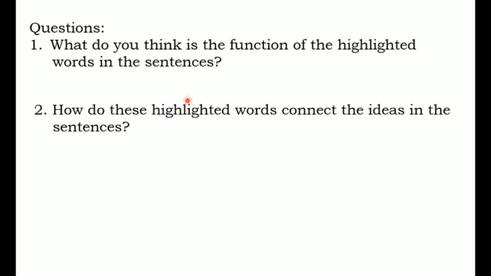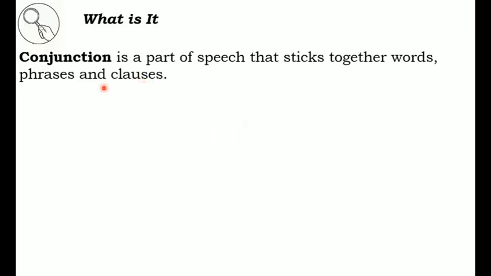Yung coordinating conjunction ay nagdudugtong ng dalawang independent clauses at yung subordinating conjunction naman ay nagdudugtong ng independent sa dependent clause. Alright. Now, what is it? Conjunction is a part of speech that sticks together words, phrases, and clauses. When we say sticks together, it joins together words, phrases, and clauses.